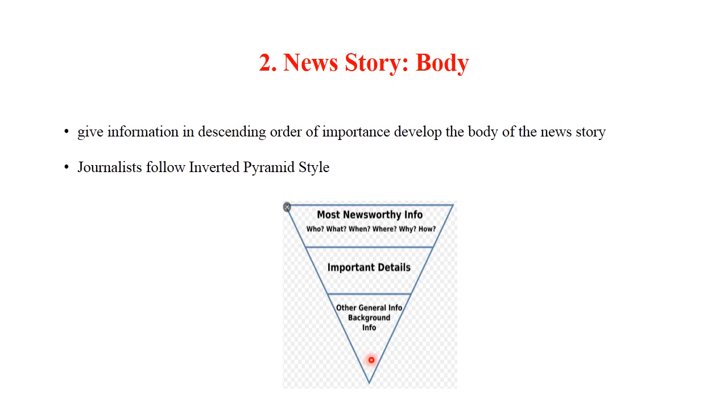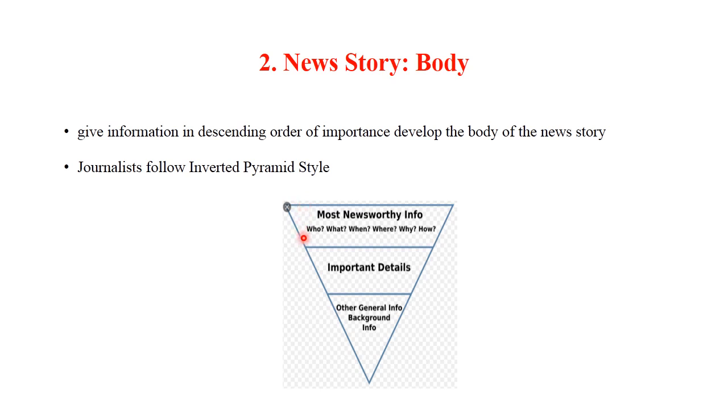If readers do not have time and do not read the last paragraph, it will not matter, because they will at least have the main information through the headline and then through these paragraphs.